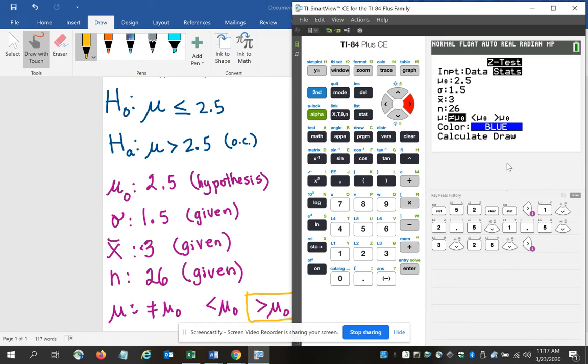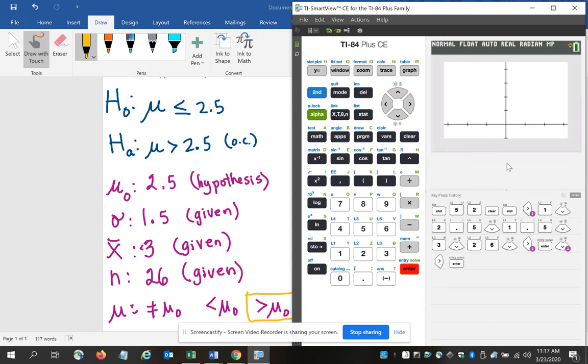Notice that I arrowed to the right where I have the blinking light. I'm going to press enter. That selects it for me. Then I'm going to scroll down and highlight the word Draw, hit enter, and it's going to draw the normal distribution, show you the shaded region, and give you your z-score.